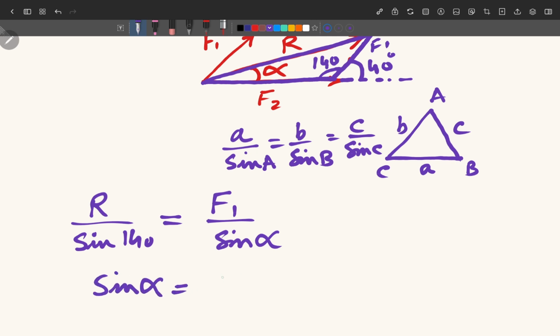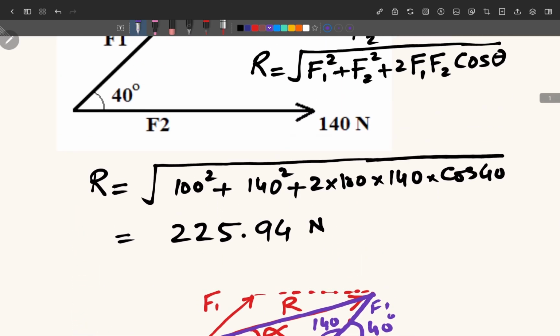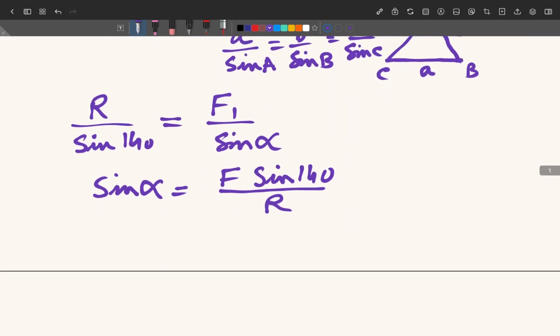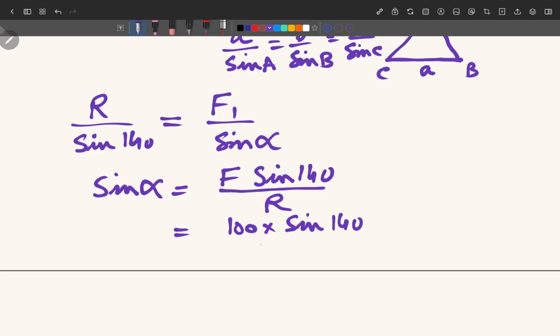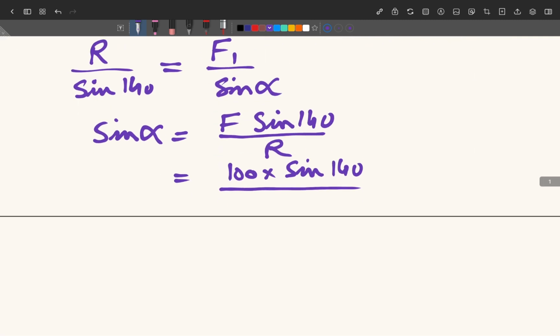So sine alpha is F1 sine 140 upon R. F1 is 100, so we substitute 100 into sine 140 upon the value of R, which is 225.94.